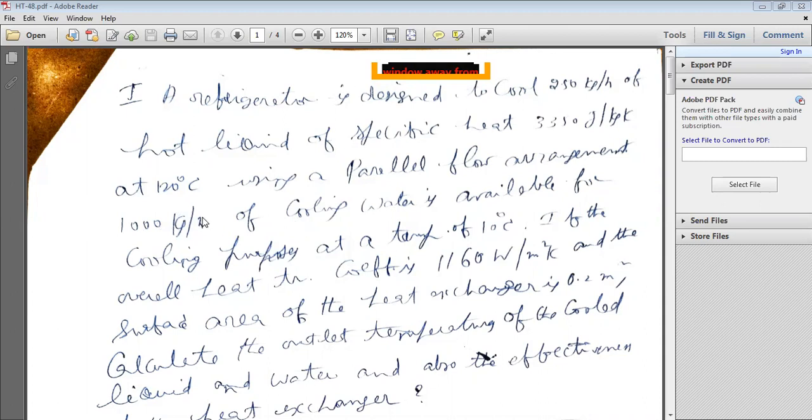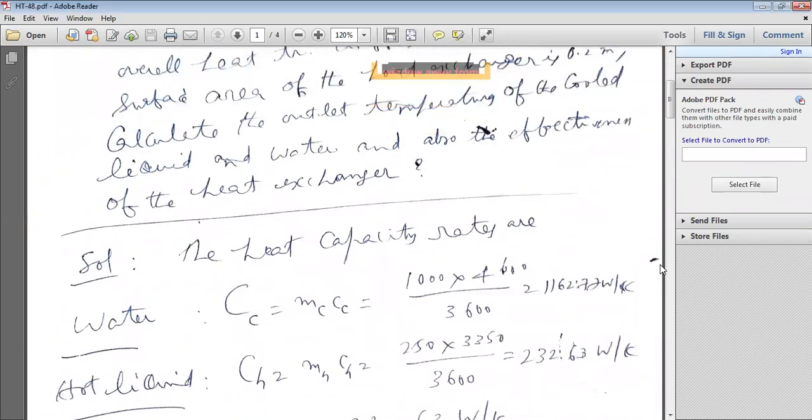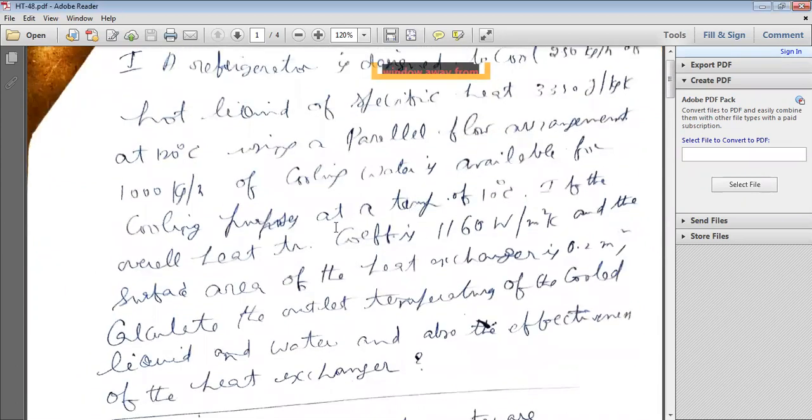So the cold fluid mass flow rate mc dot is 1000 kg per hour, and the temperature at the inlet TC1 is 10 degrees centigrade.